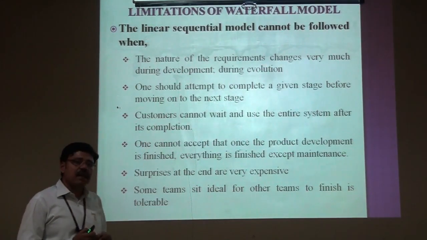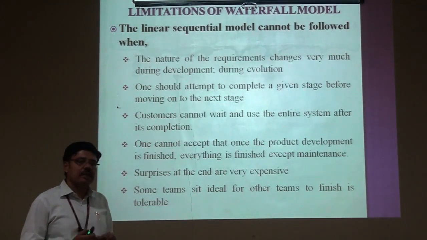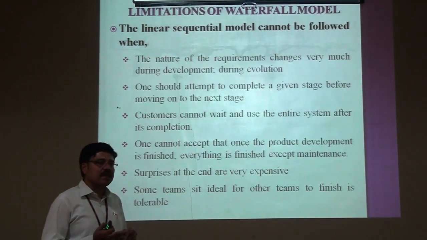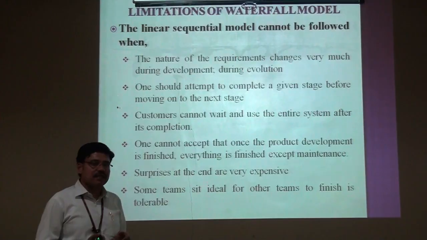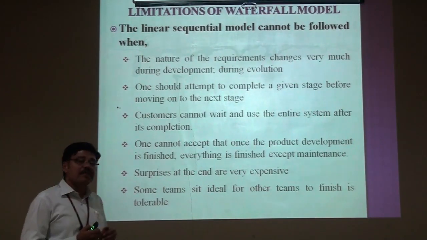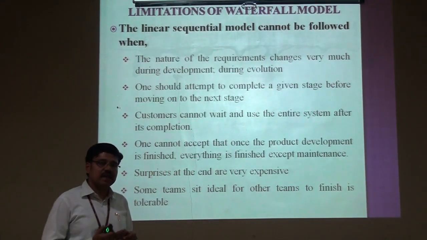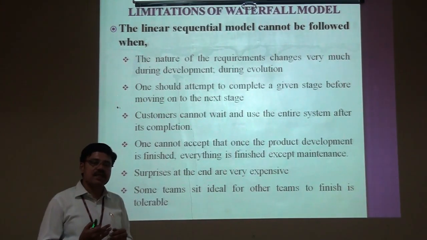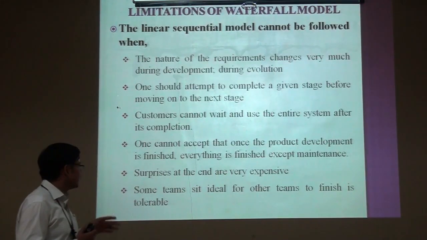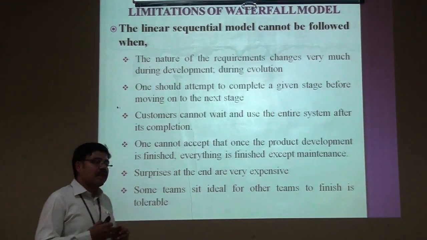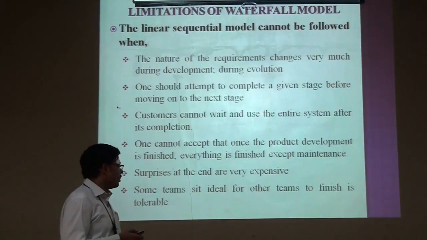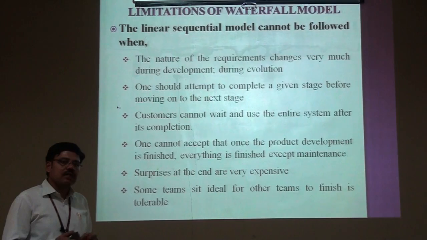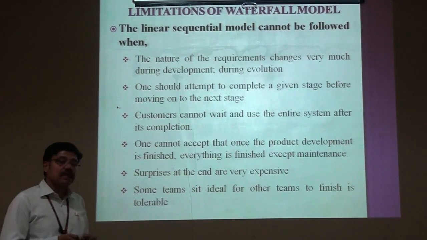The customer cannot wait until the entire development process is completed. One cannot accept that once the product development is finished, everything is finished except maintenance. Surprises will be very high at the end of the software development process, because there is no involvement of the customers in between. Some teams sit idle waiting for other teams to complete their work. Only if these are tolerable can we go for the linear sequential model.